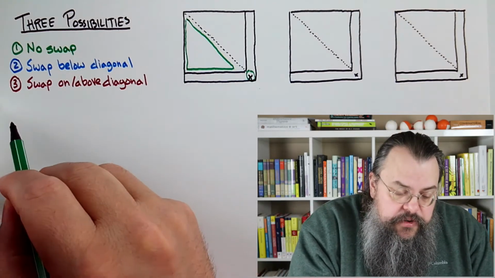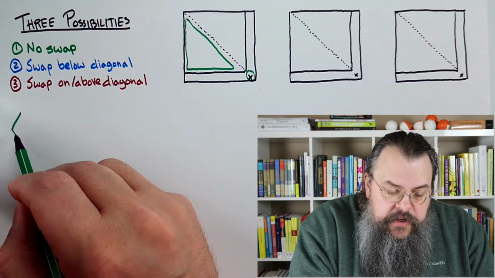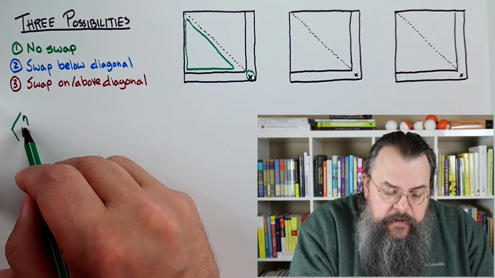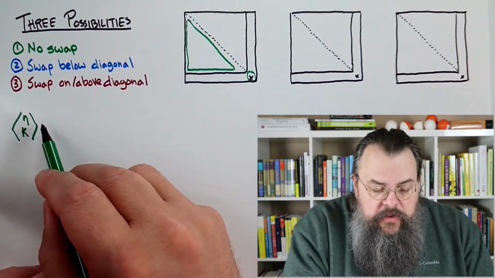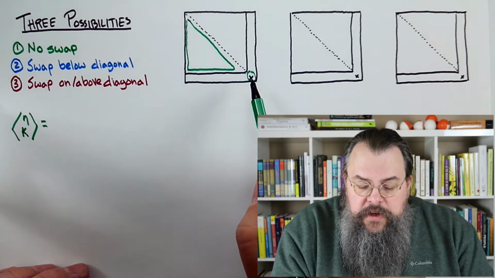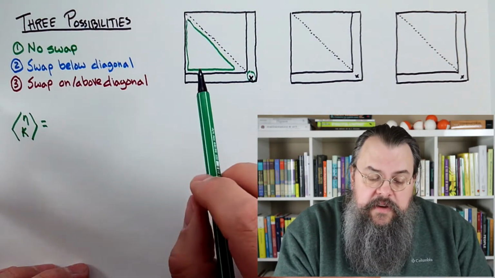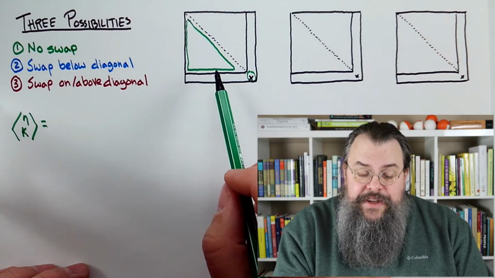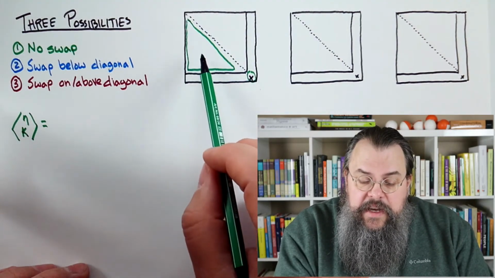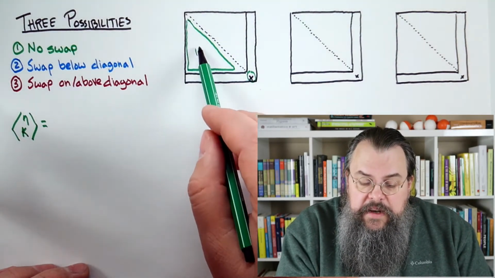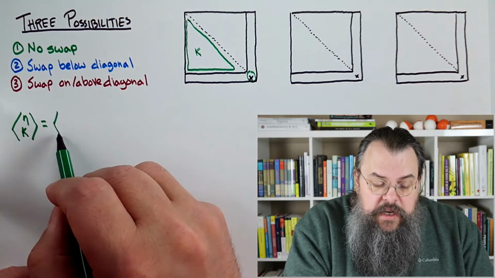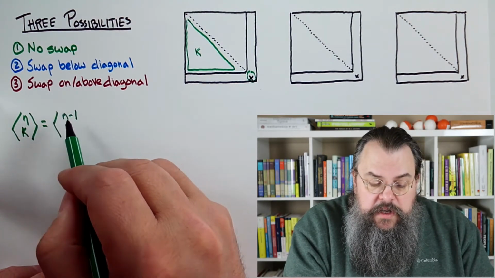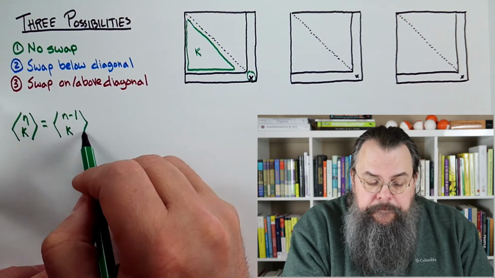Well, suppose we're after nk. Okay, that's our goal. So if I don't want to do a swap and I want to have k rooks below the diagonal, that means I need to have k rooks below the diagonal in what I put in. So that's going to be an n-1 k, right?